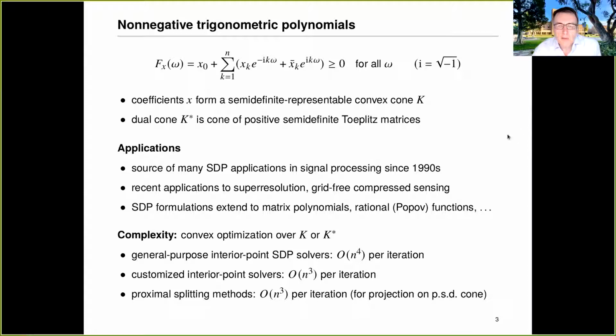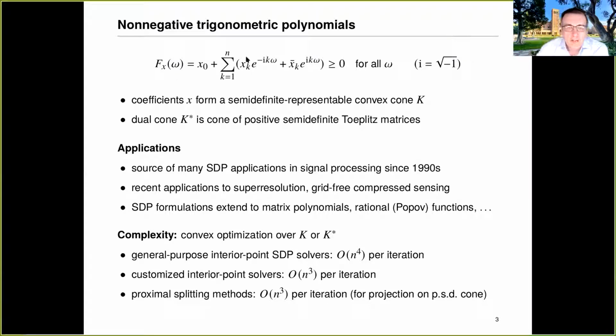More recently also, there was again more interest in these constraints in so-called grid-free compressed sensing, so extensions of the compressed sensing where semi-definite representations play the role of the L1 or linear programming representations in the standard compressed sensing, and many extensions in control and to more complicated problems.